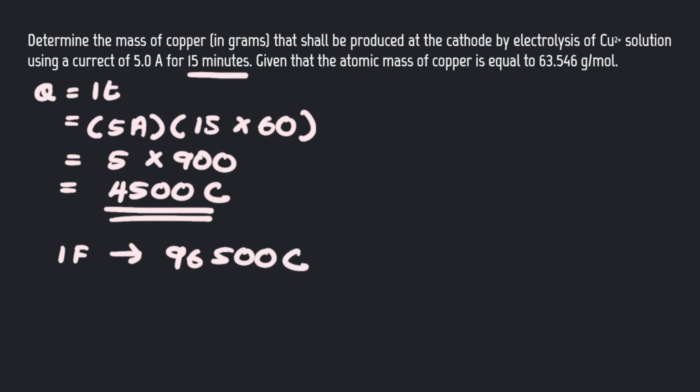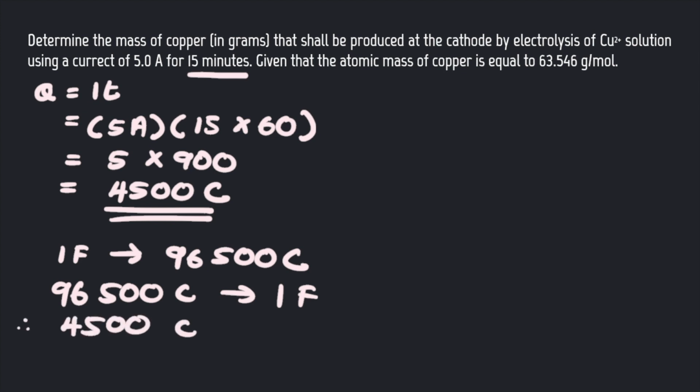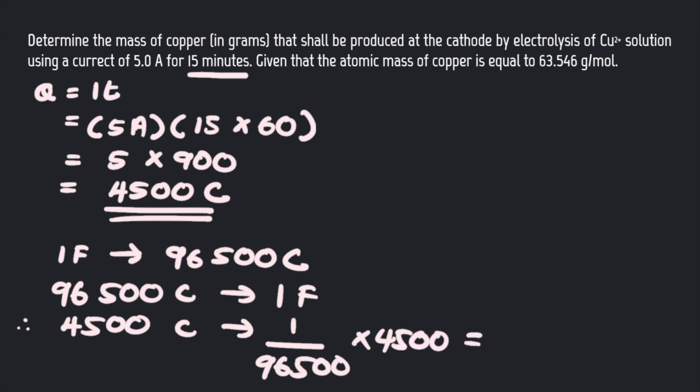So we are going to convert this. 96,500 coulomb is equivalent to 1 Faraday, and you only have 4,500 coulomb. So what is the value? 4,500 divided by 96,500, so you will get 4.6632 times 10 to the power of negative 2 Faraday.